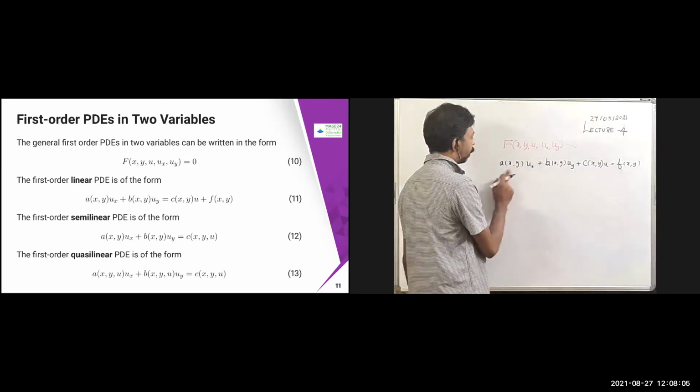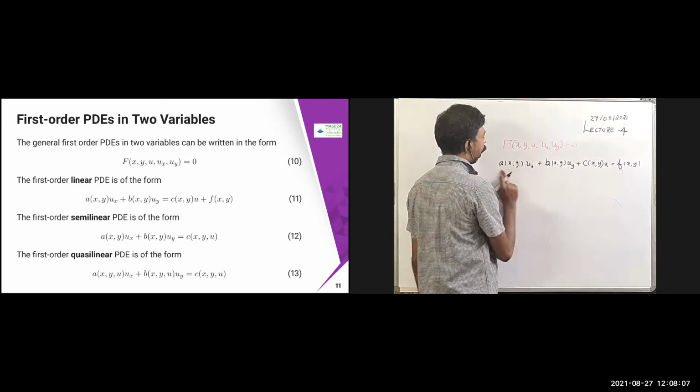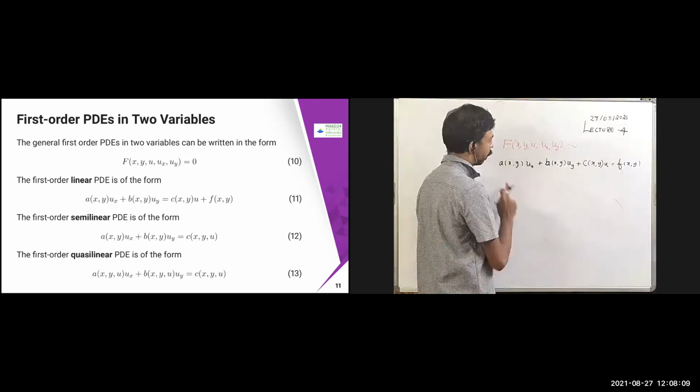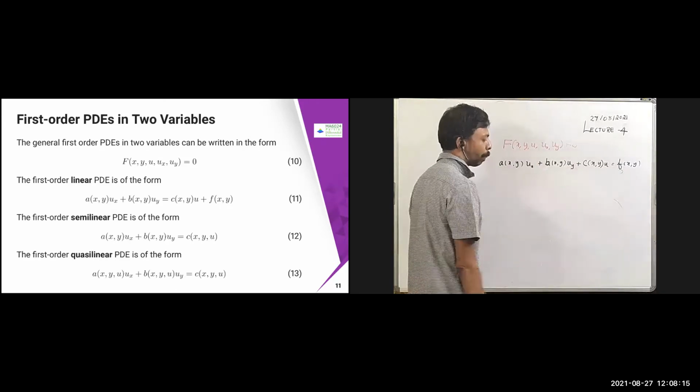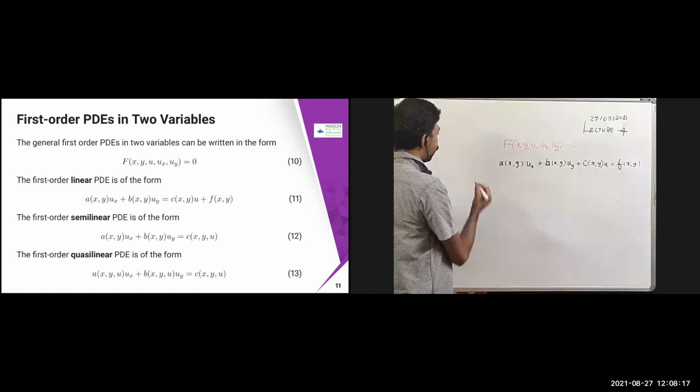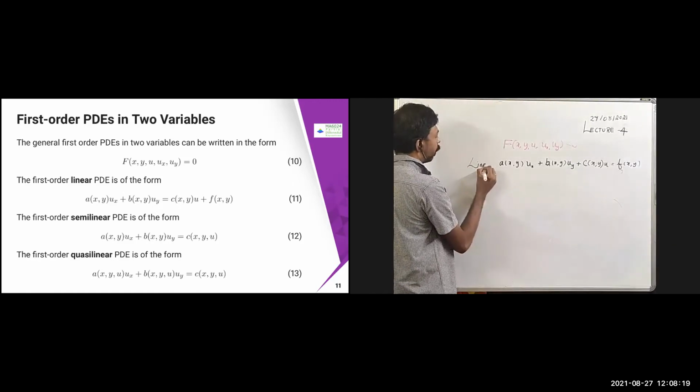So here you can see that a, b, c are functions of x and y only. Function of x means here x and y, because two variables are there. So a of x, y, b of x, y, and c of x, y. So in this case, it is called linear.